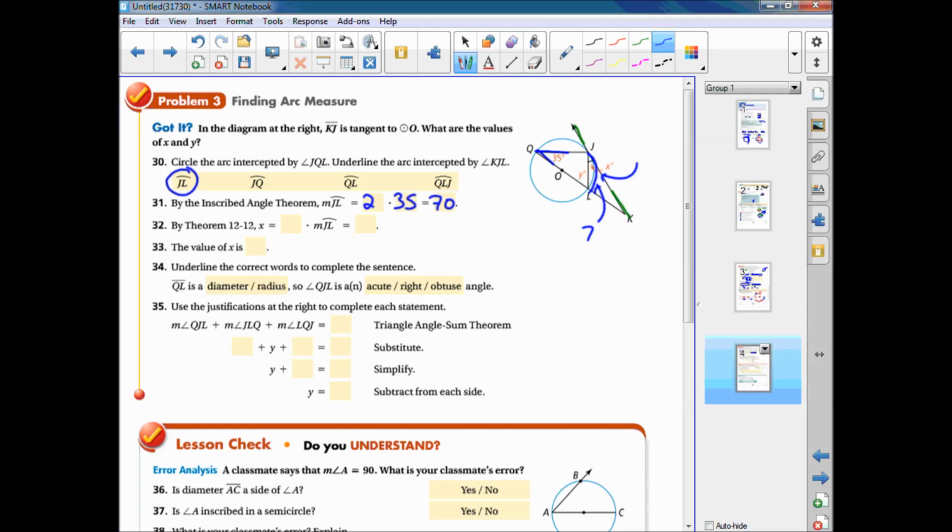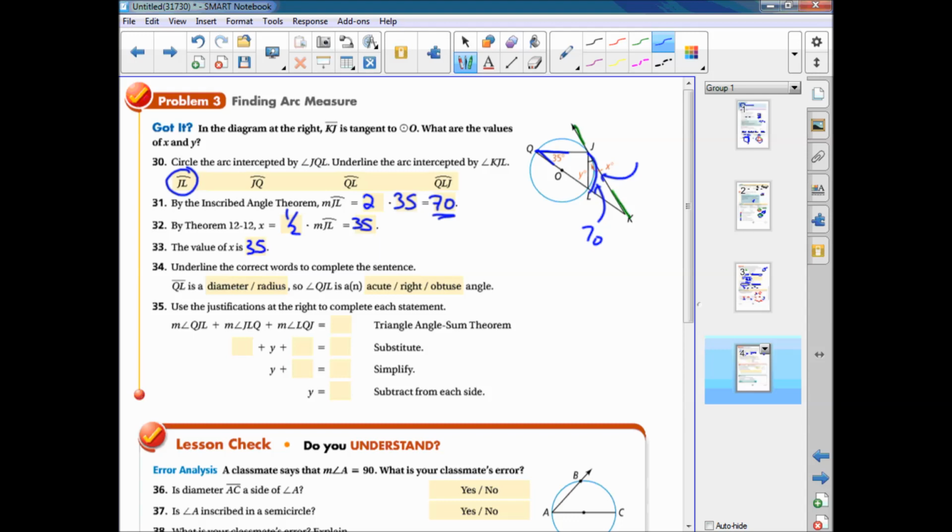We knew the arc already was 70, and that arc is inside of our angle KJL. So the measure of the angle is going to be equal to 1/2 the measure of our arc. And our arc we already found to be 70, so this angle is going to be 35 also. So the value of X is going to be 35.